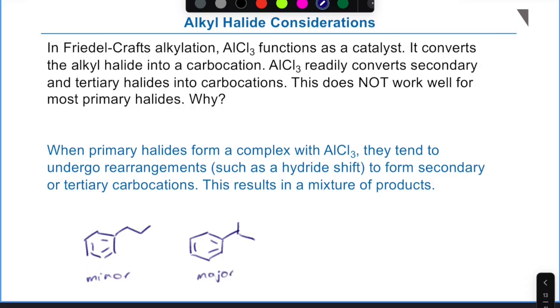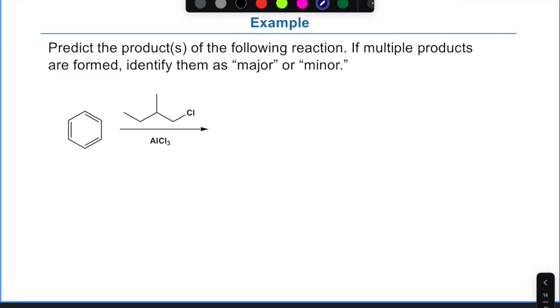So a try it later question is to work through this, figure out whether or not it forms a primary or secondary or tertiary, and then predict the final product. Oh, actually, this is an example. Oops. So we'll do it together. This would be our initial electrophile.